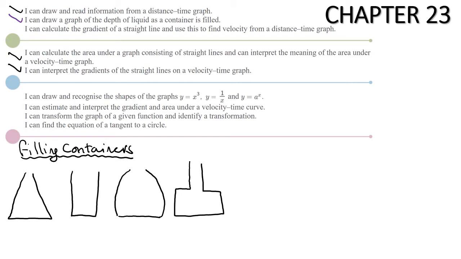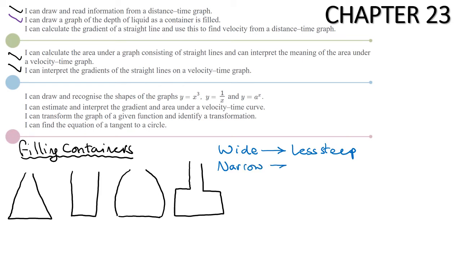Now, what we just need to remember is that if the container is wide, then on the graph, the line or the curve will go up, but it won't be steep. So wide equals less steep, whereas narrow means more steep, or a greater gradient.